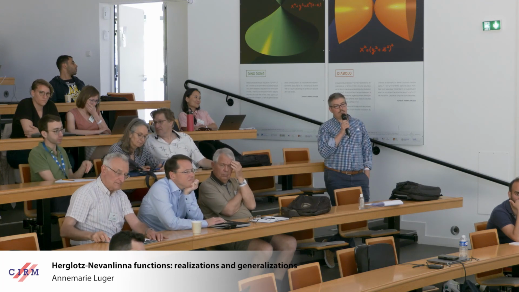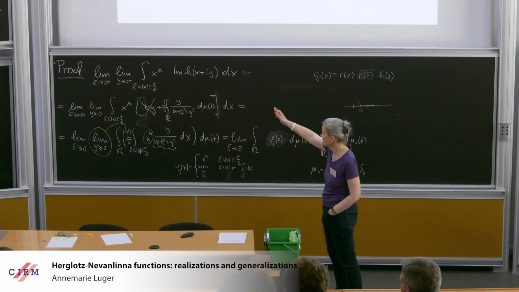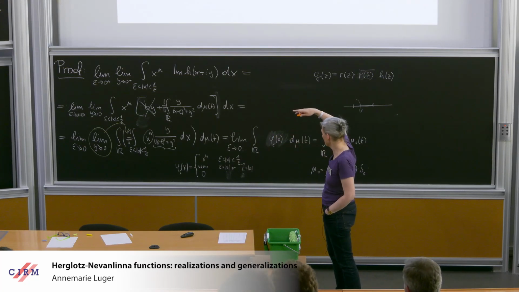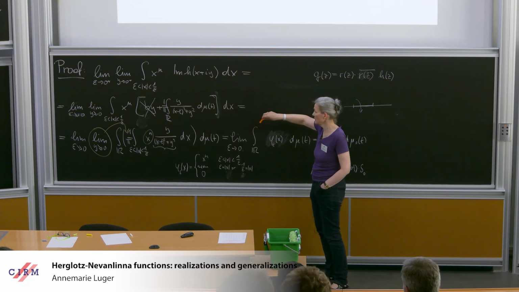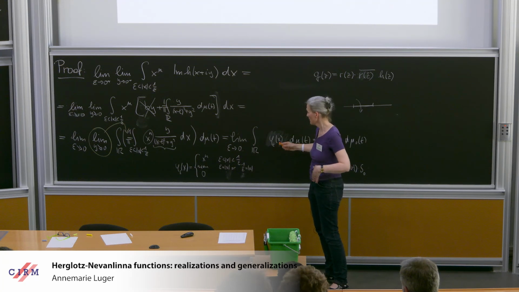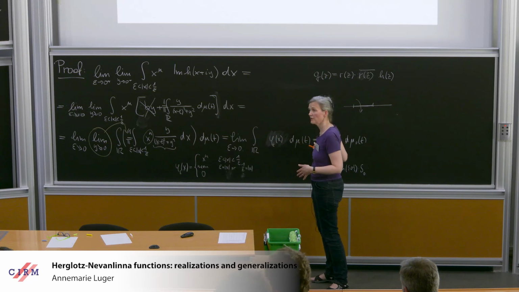I forgot to mention something, because I put this proof of the sum rule. There was dominated convergence and so on, but here it was the monotone convergence. The problem with the monotone convergence is that you might have terms that cancel each other, and that's why you cannot go this step here.